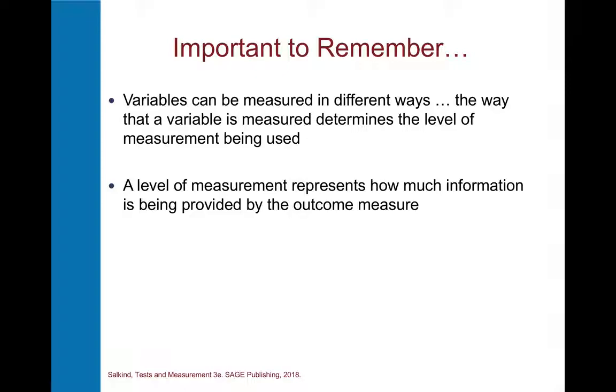So you have to remember that the level of measurement represents how much information is being provided by the outcome measure. And as a general rule, if you get a chance to design your own study, you want to capture as much information as possible, and typically you're going to try to shoot for the more precise levels of measurement.